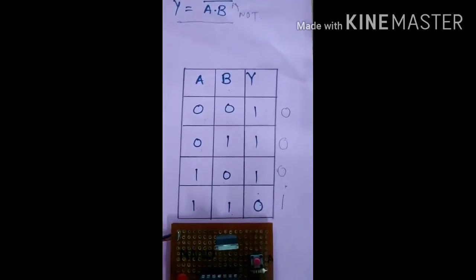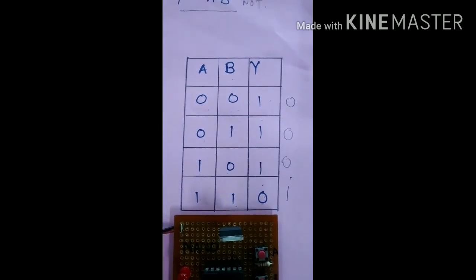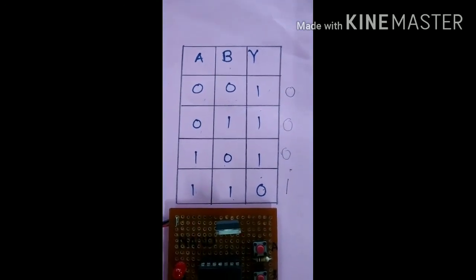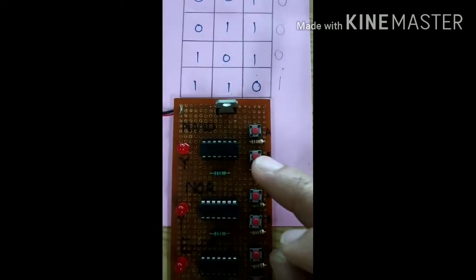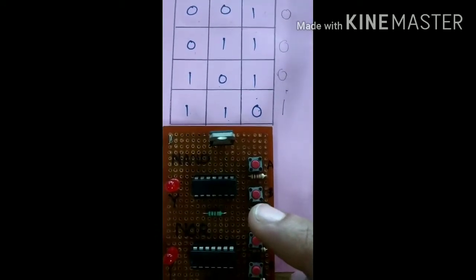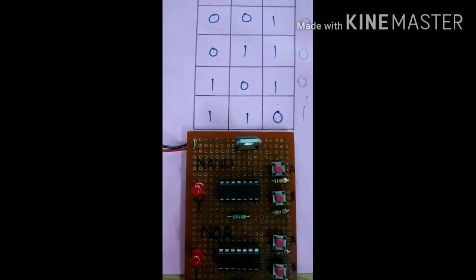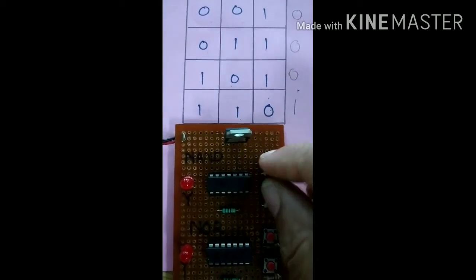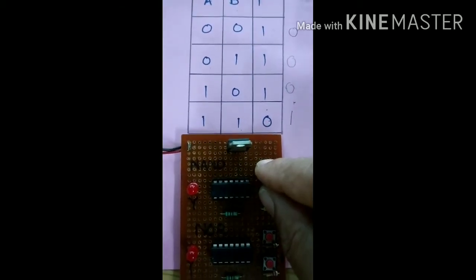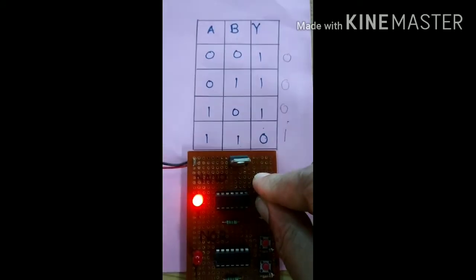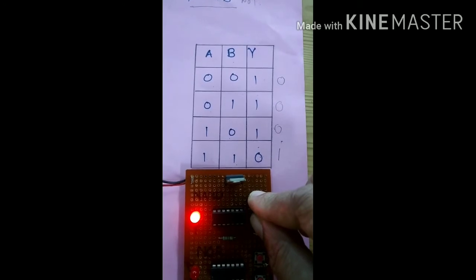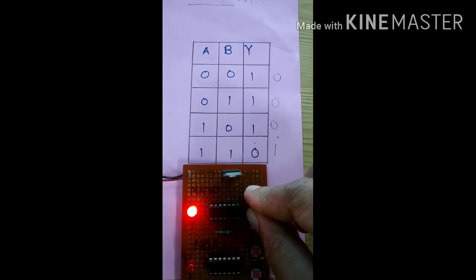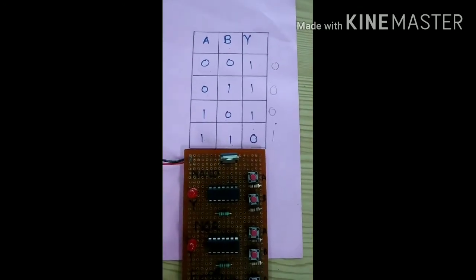So this is the truth table of NAND gate. First condition is 0 0, then I get output 1. When I want to give 0 0, I have to press both the switches. So when I am giving 0 0, LED is glowing, that means output is 1. So first condition is satisfied.